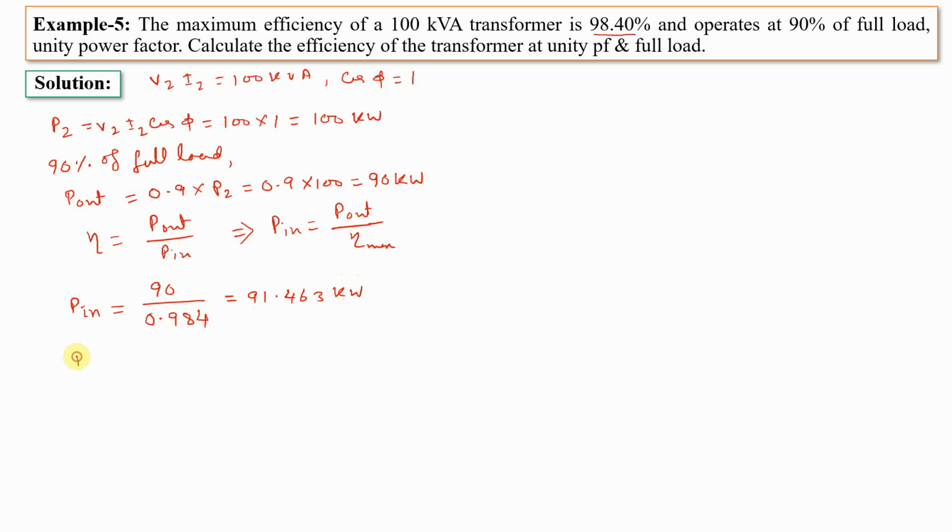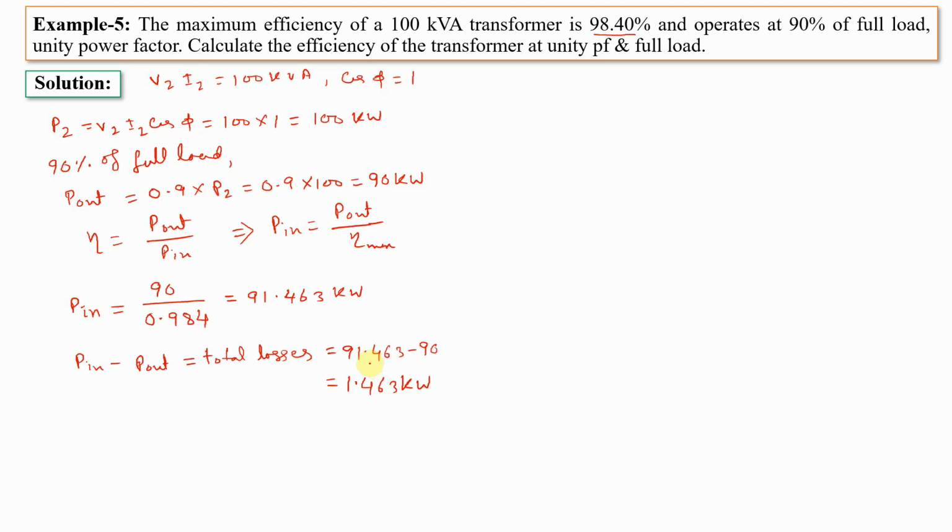Input power minus output power gives us the total losses. So the value of the total losses will be 91.463 minus 90, which is 1.463 kilowatt.